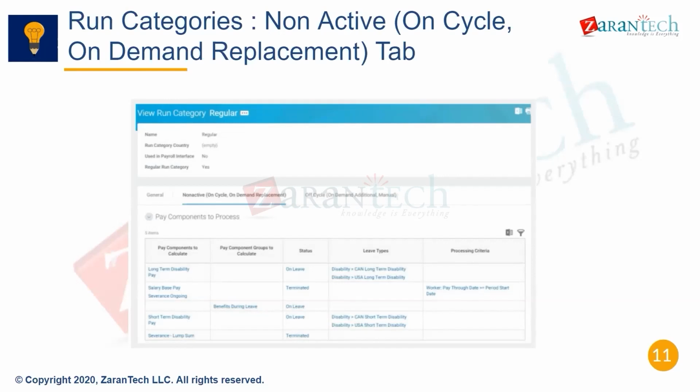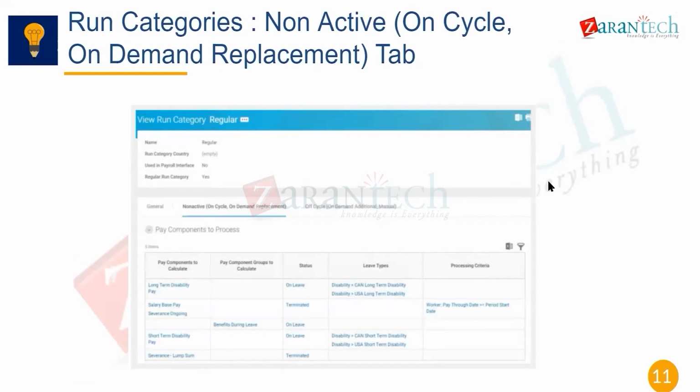Canada long-term disability and USA long-term disability. If the employee is on one of these leave types, then calculate the long-term disability pay earning. Now, by looking at this, I don't know what that earning calculation looks like. Is it 50%? Is it 25%? What kind of percentage is it?